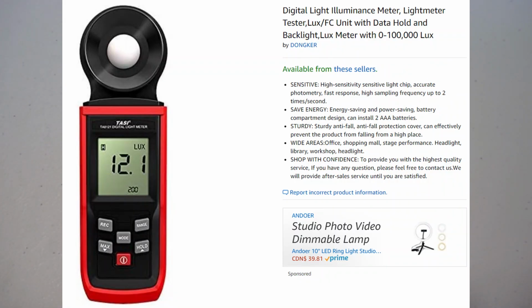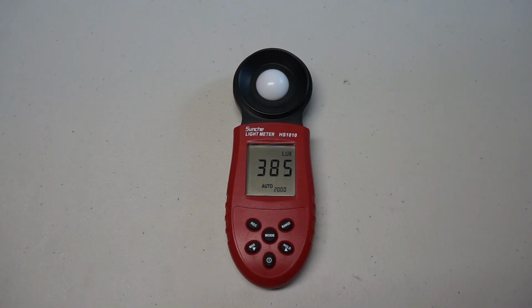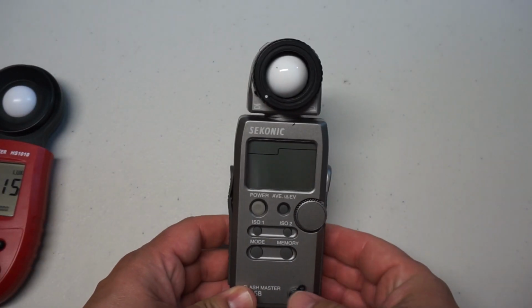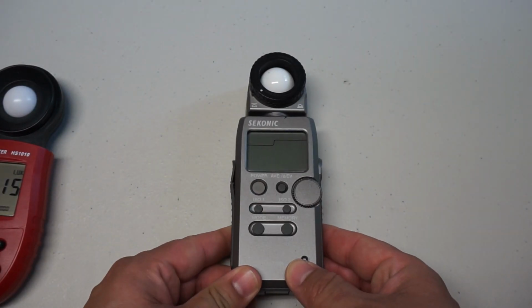This is a light meter. Now, most people know light meters from the photography world. A meter such as this was commonly used by photographers of all stripes.